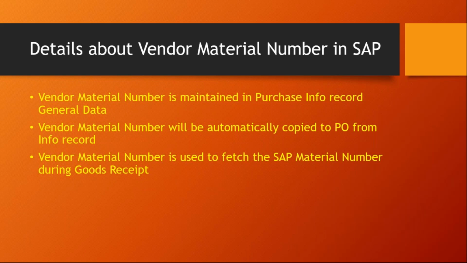Otherwise, go to the EINA table and pass it under vendor material number. If it is available, get it from there. So this is what we get. So the vendor material number is used to fetch the SAP material number during goods receipt. I will show you how to get that one.